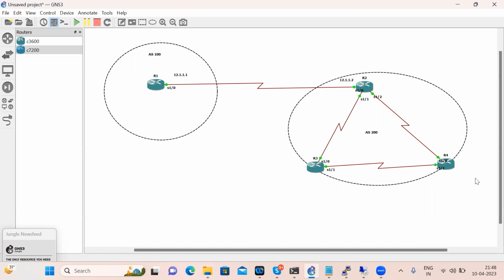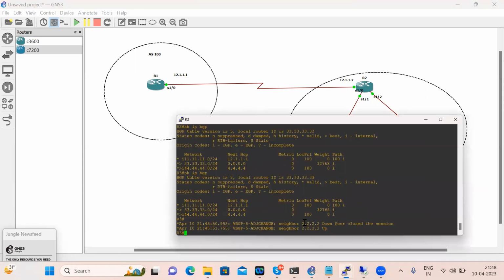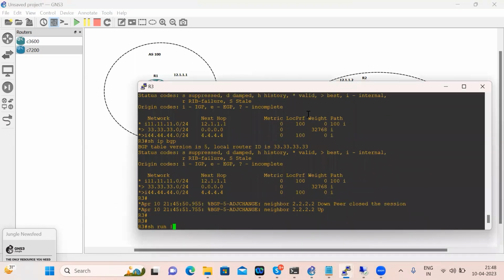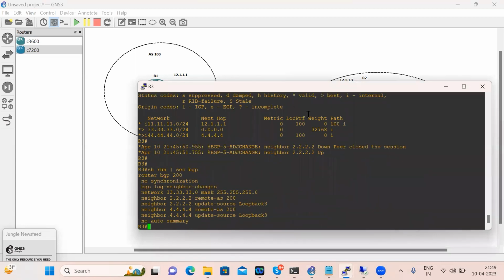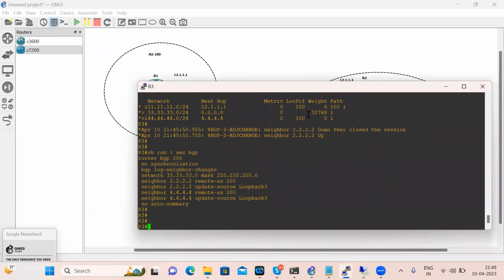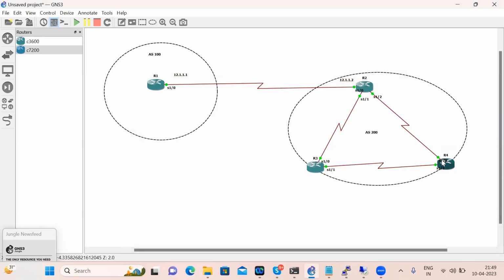Can you open router 3 once? So from here, after doing no synchronization, we got the 33 on router 1 as well, right, sir? Similarly, we did neighbor for 2.2.2.2 and neighbor for 4.4.4.4. Can we also add the neighbor subnet 2.2.2.2 in the network command on router 3 and router 4?